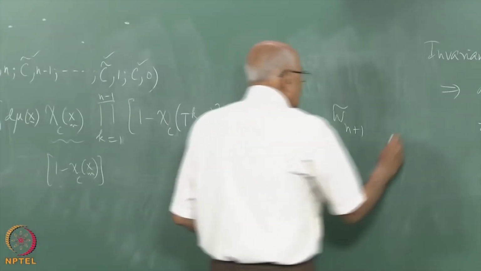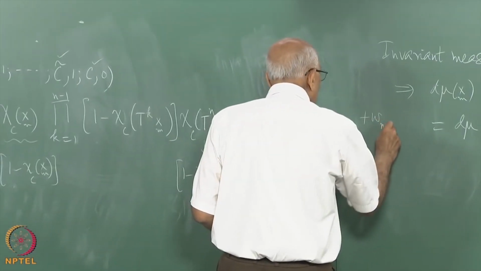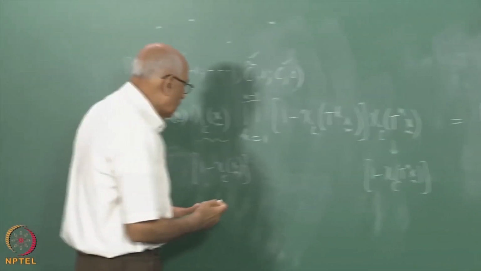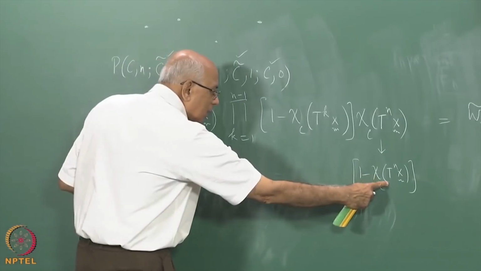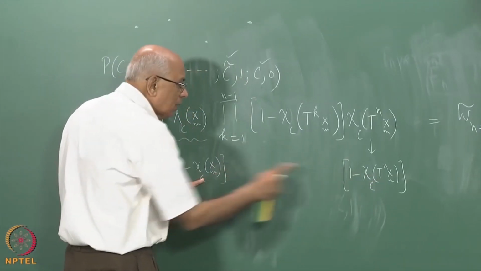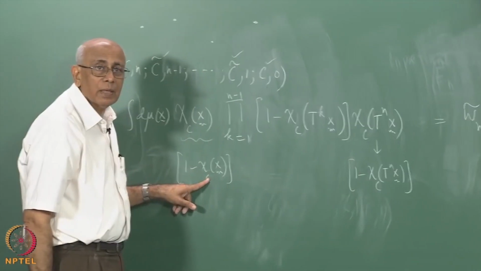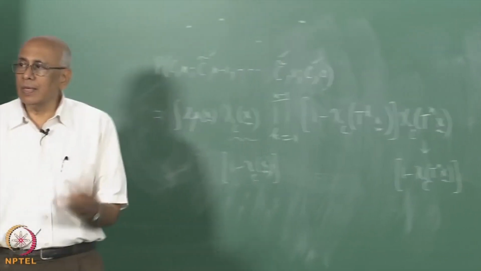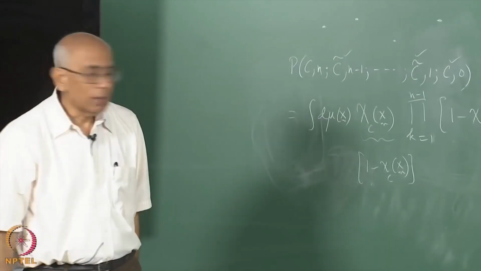So there is going to be a plus w n minus 1 tilde, and then in between you have two terms where you have this 1 times this with a minus sign and this times 1 again with a minus sign, and I use the same trick of changing variables to Tx in each case.